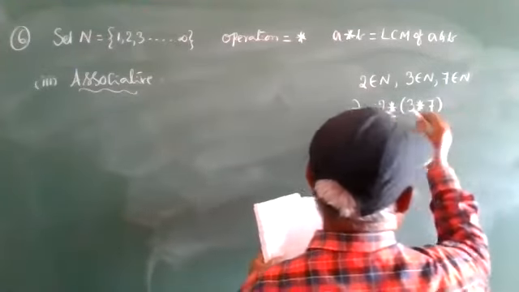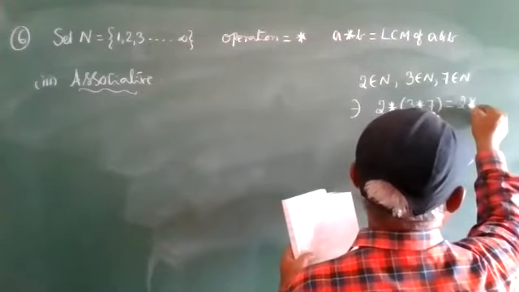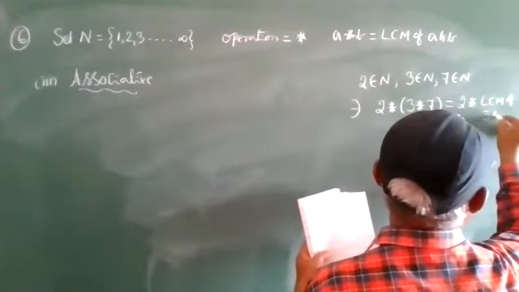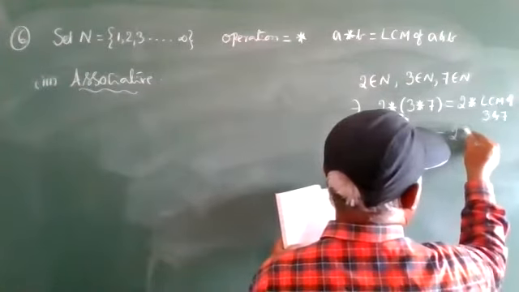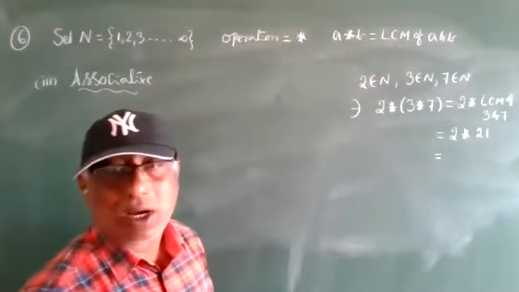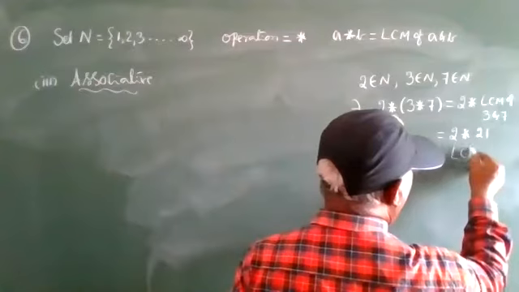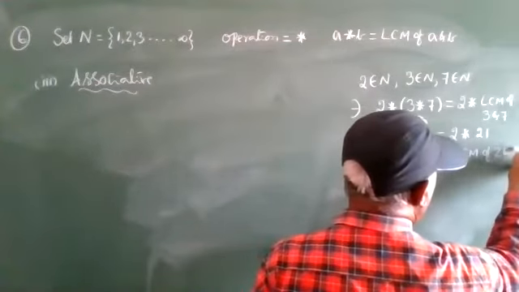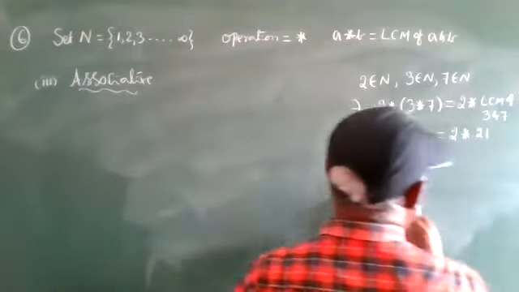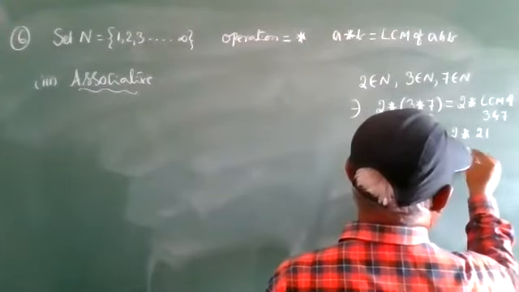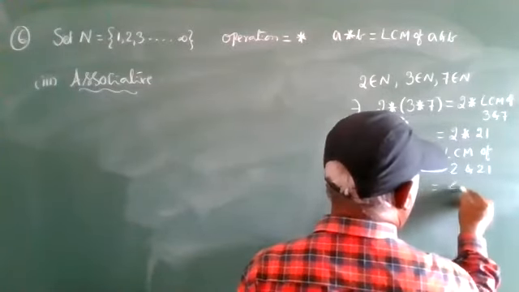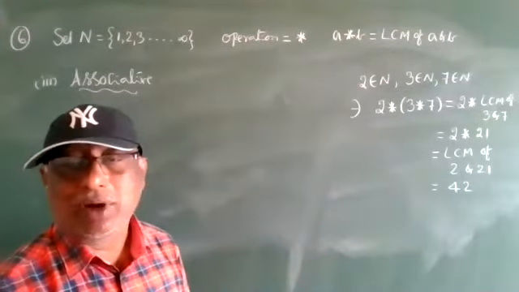So 3 star 7 is the LCM of 3 and 7, which is 21. So 2 star 21 is the LCM of 2 and 21. Its LCM is 42.